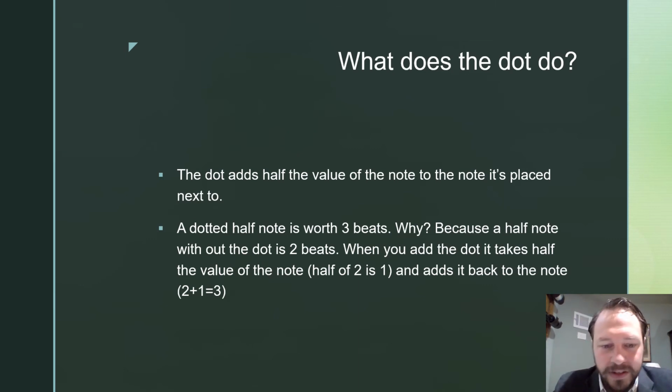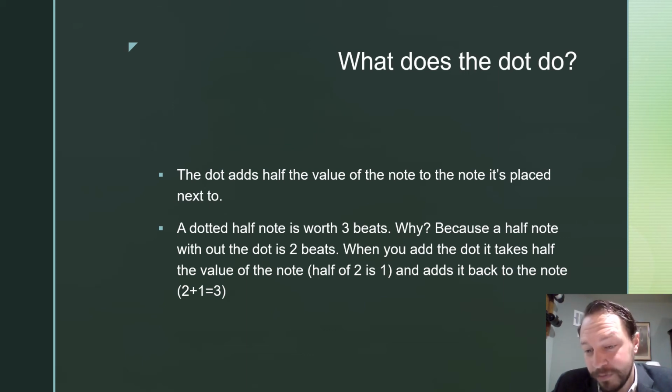The dot adds half the value of the note to the note that it's placed next to. I'm going to say that again. It adds half of the value of the note to the note that it's placed next to.